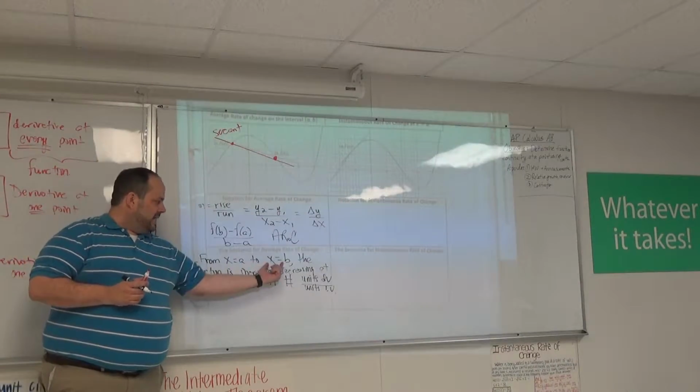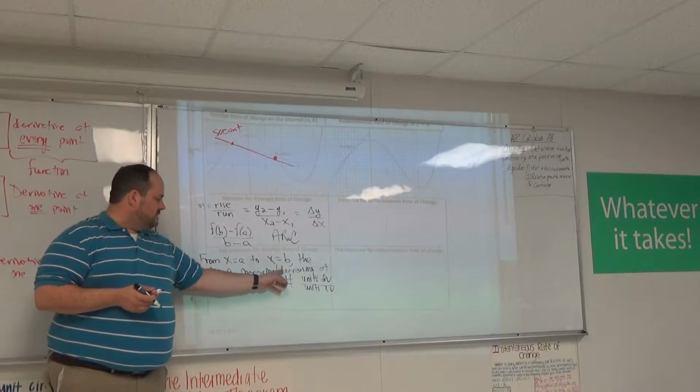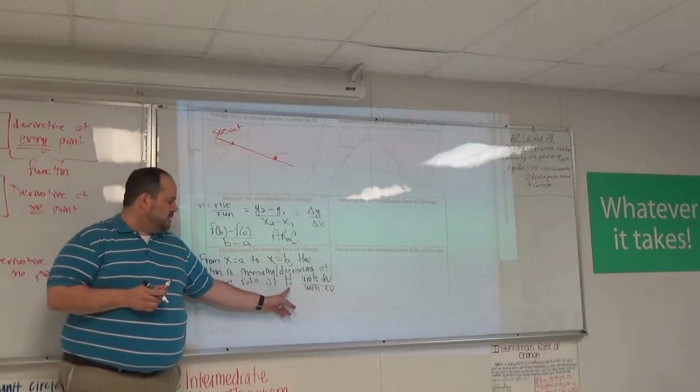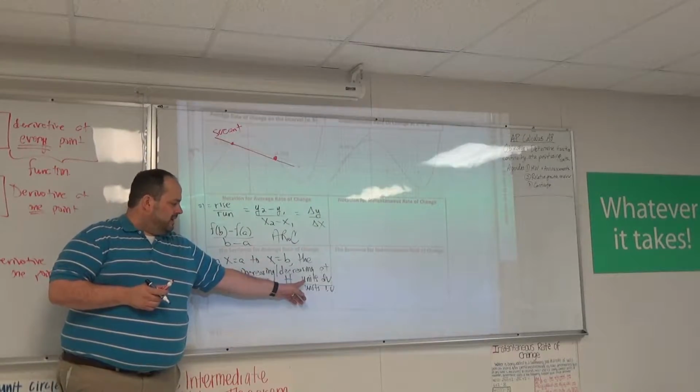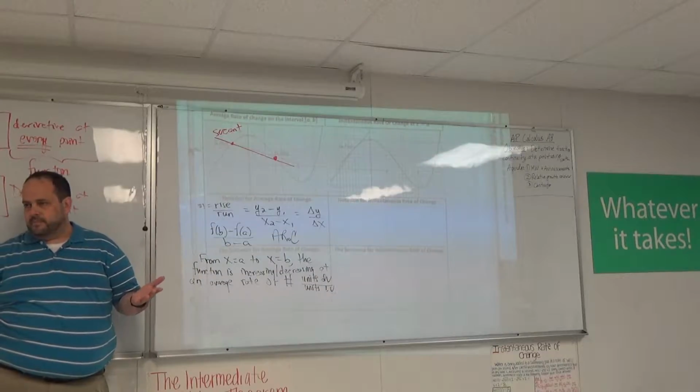From x equals a to x equals b, the function, whatever the function is measuring, is increasing or decreasing at an average rate of whatever number you get from the slope, units for the dependent variable over units for the independent variable. That was the sentence.